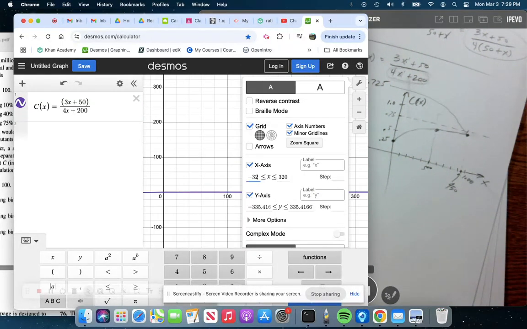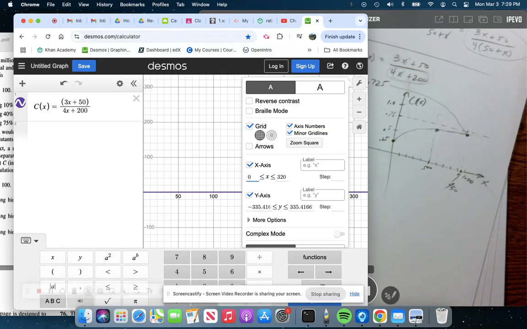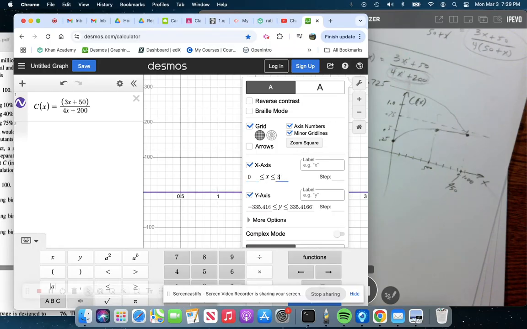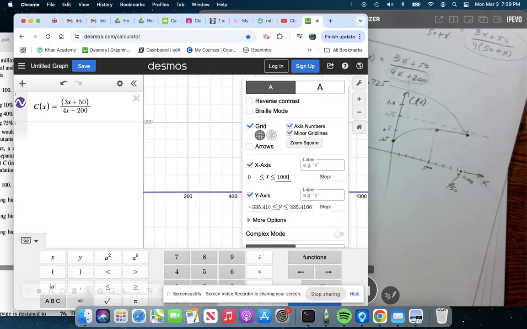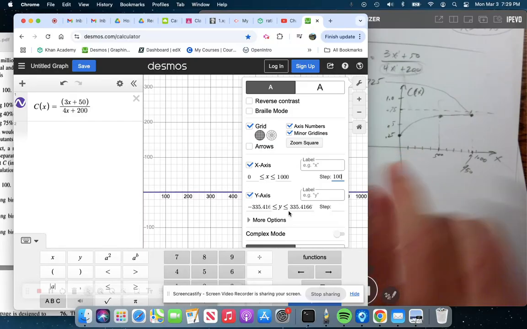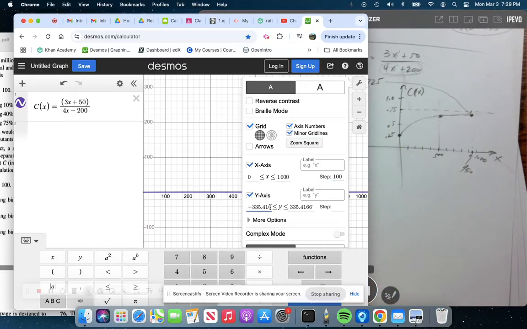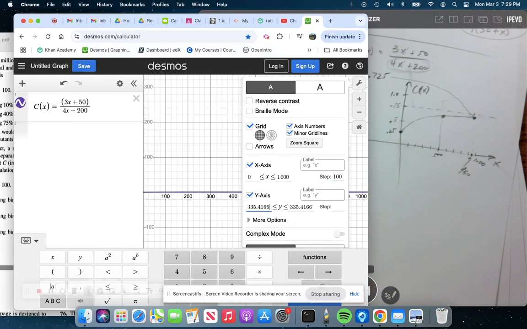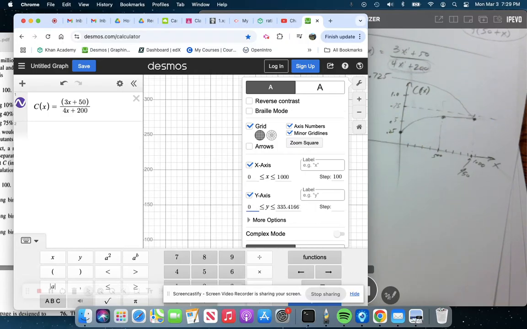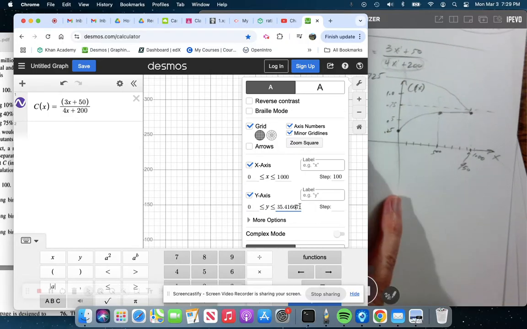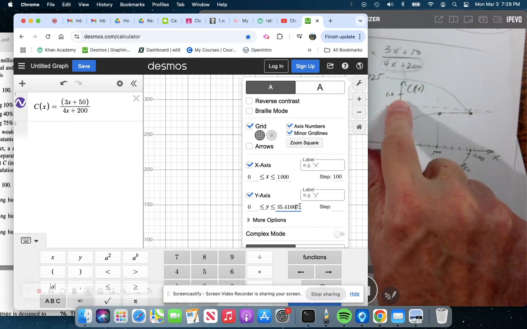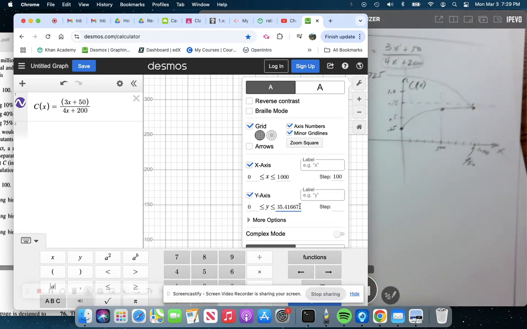X minimum is 0. X max, I'll just put 1,000 for X max, and we'll step that up by hundreds, I guess. The y-axis, I'll just drop it down to 0 to begin, and go all the way up to 1, like I have here.